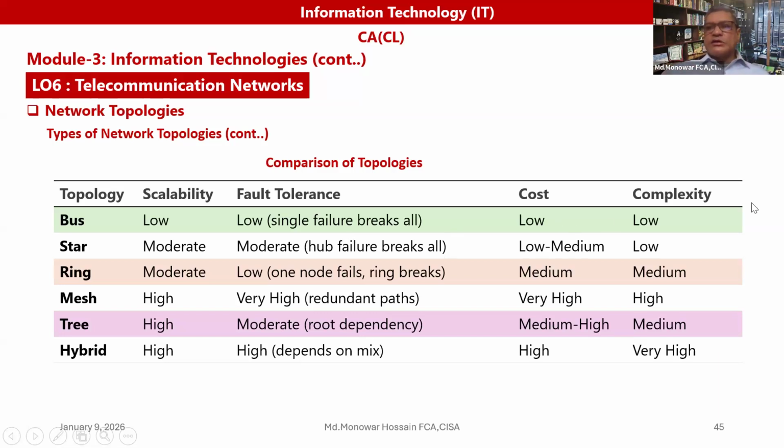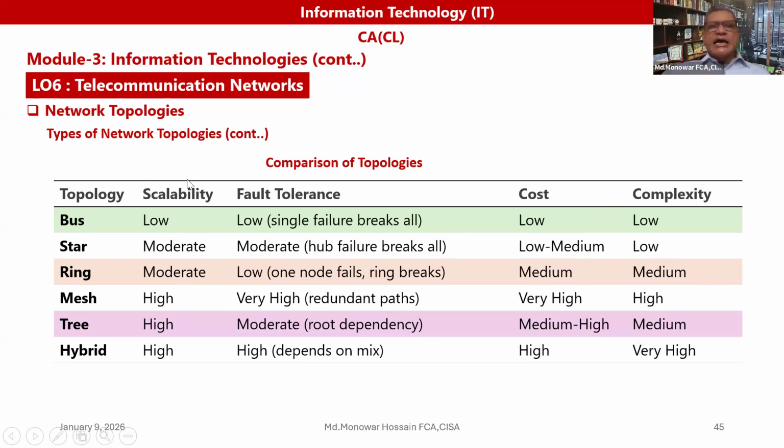Cost is low, complexity is also low. Star is moderate, and the tolerance is moderate, with low to medium cost, but low complexity. Ring network is moderate, with low fault tolerance. If one node fails, then the ring breaks. Cost is medium, and complexity is also medium.